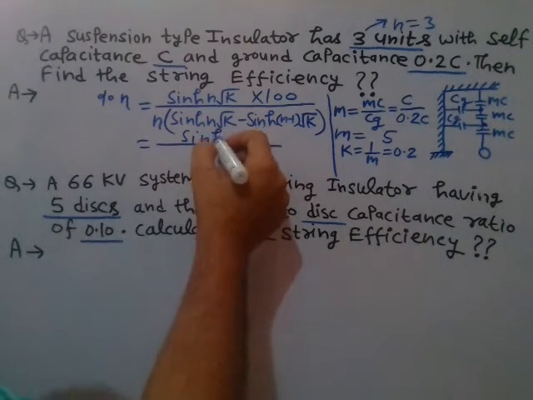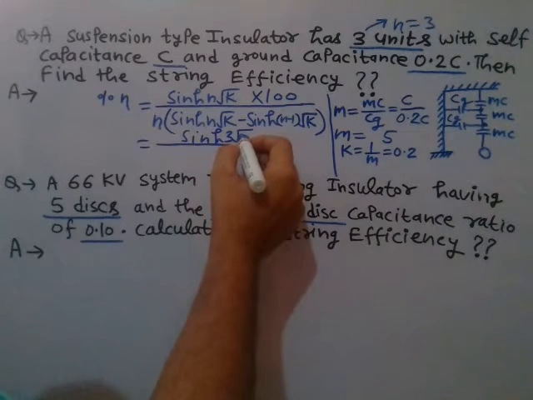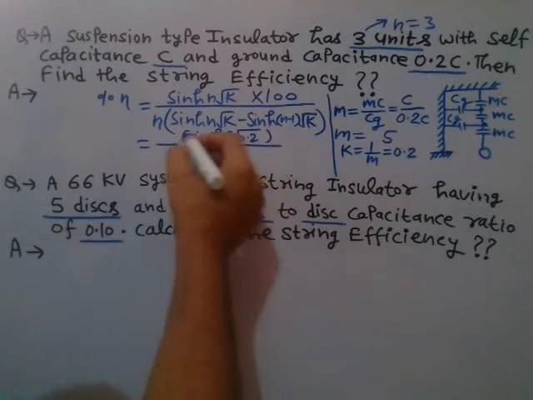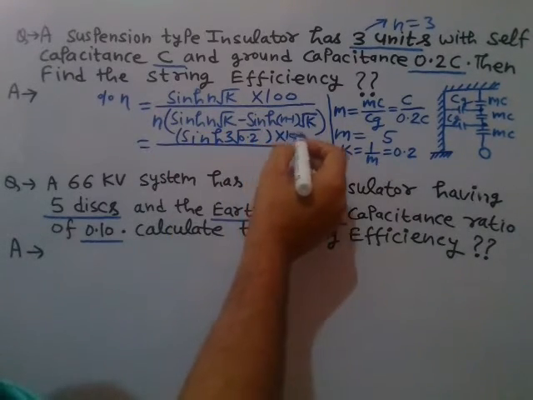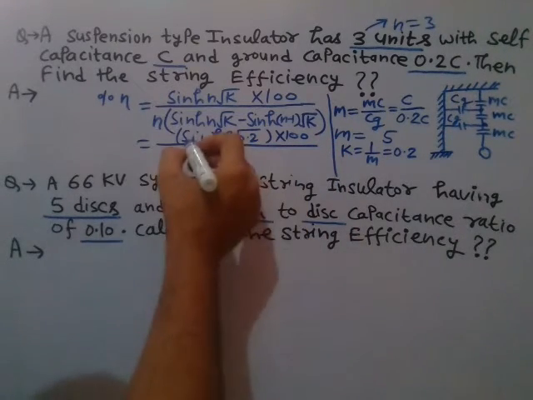Sinh of n, that is 3, root k, where k is 0.2, multiplied by 100 for the percentage efficiency.